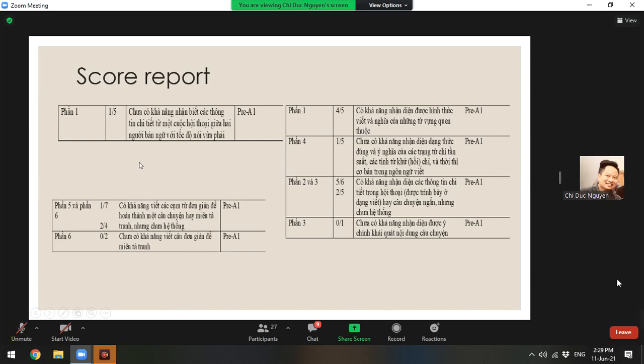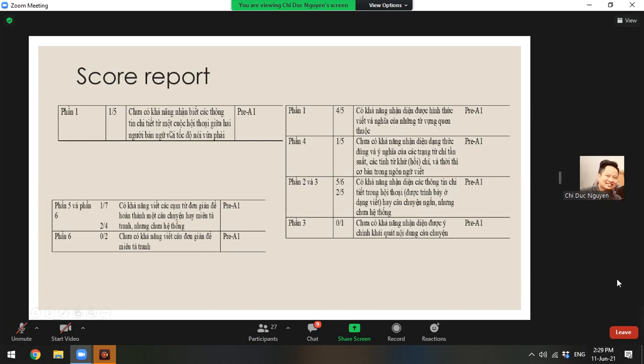And if we go back to the previous one, we can say that, okay, this student hasn't got the ability to recognize the specific information in some kind of conversation between 2 native speakers when the speed of speaking is quite reasonable. Okay, so that is something that we need to report back to the parents as well, and the same holds true for the other sections.